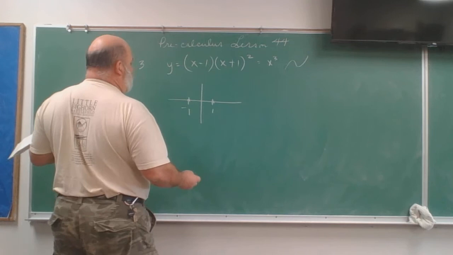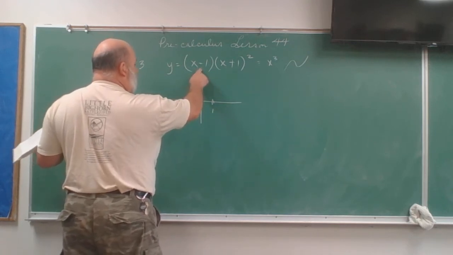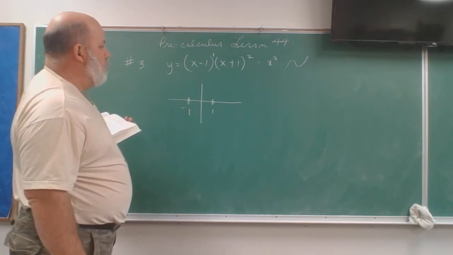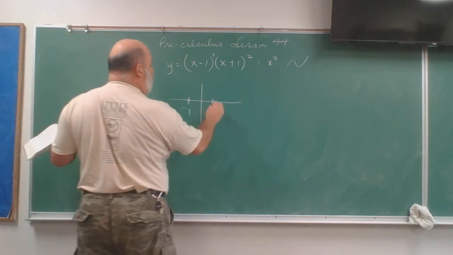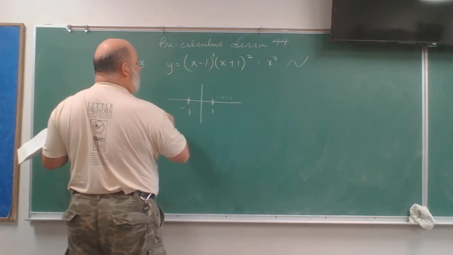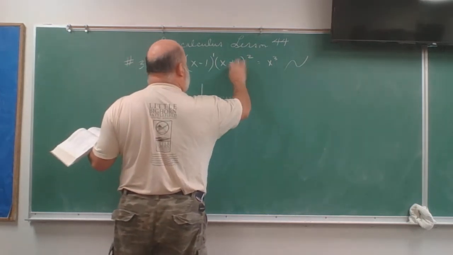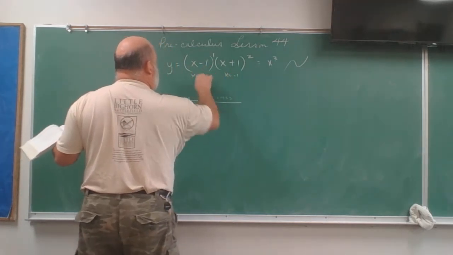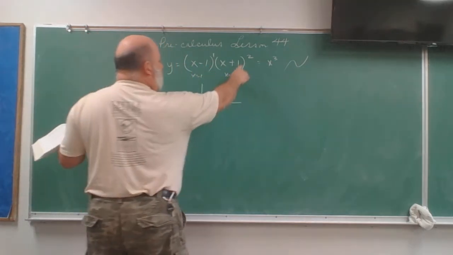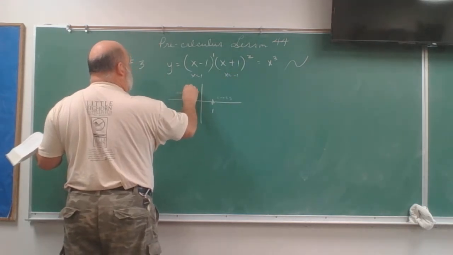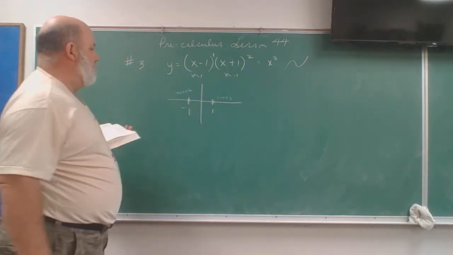Because it's x minus 1 to an odd power, it's going to cross the x-axis at positive 1. Because it's x plus 1 quantity squared, I know it's simply going to touch here at x equals negative 1.